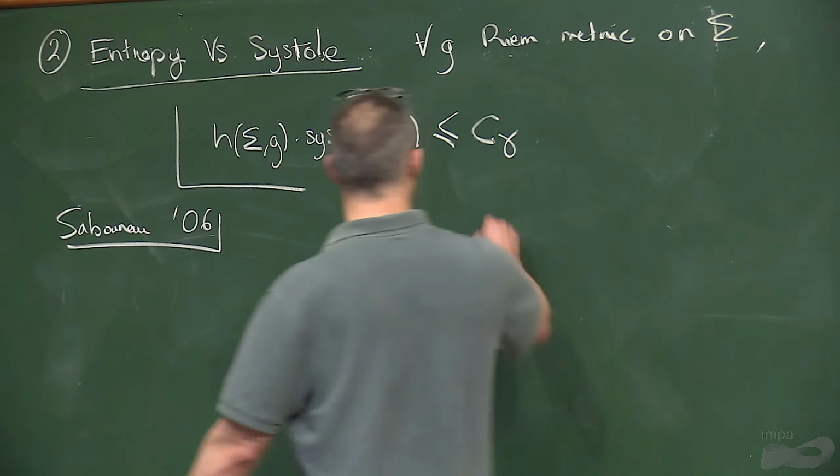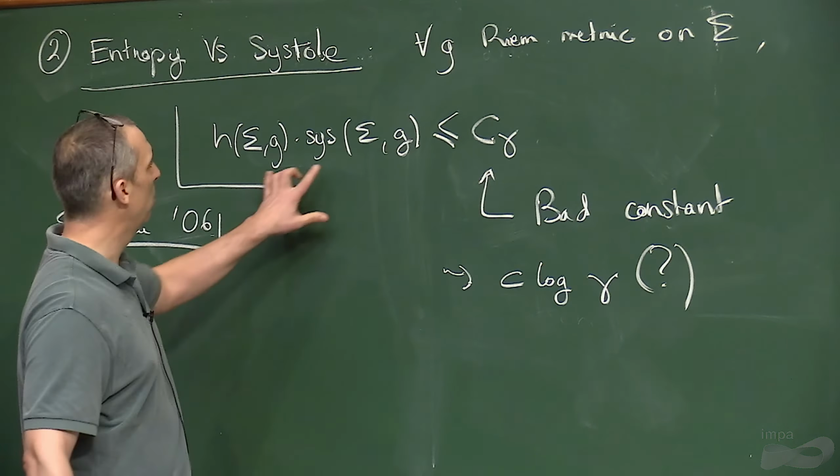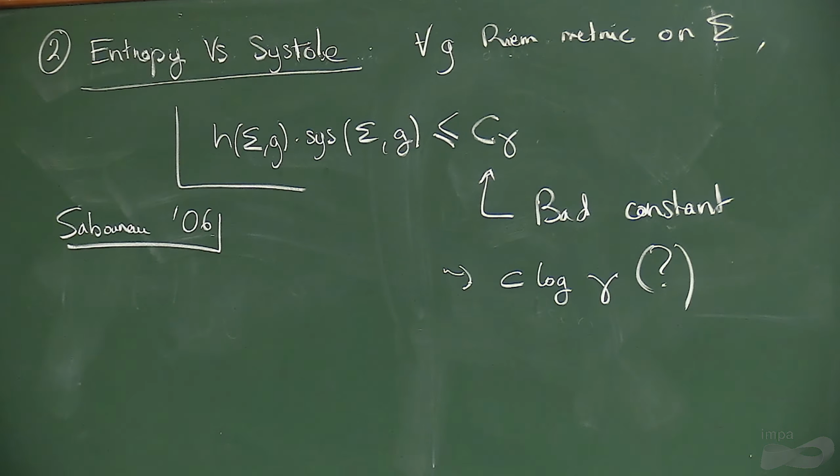It's expected to be something like this, and to recover this systolic upper bound in the hyperbolic case. In fact, we have a similar inequality, which is true for graphs, with a constant which is this one, that I proved around the same time. So it is likely that the optimal constant should be of order log of the genus.